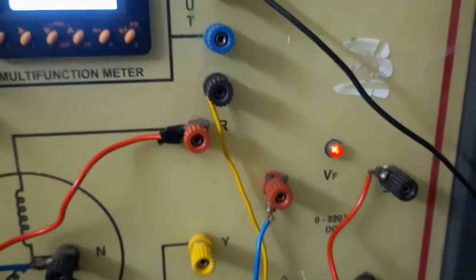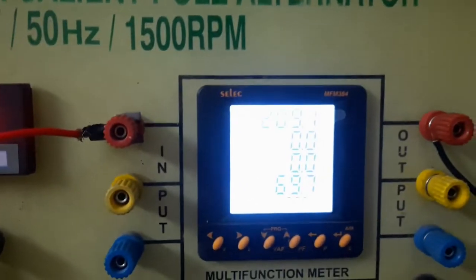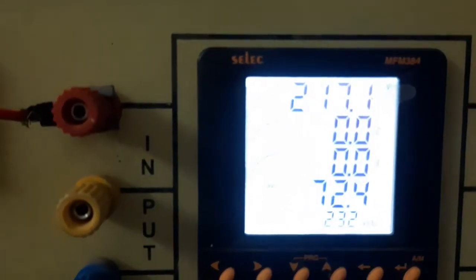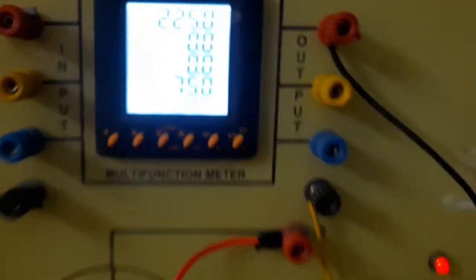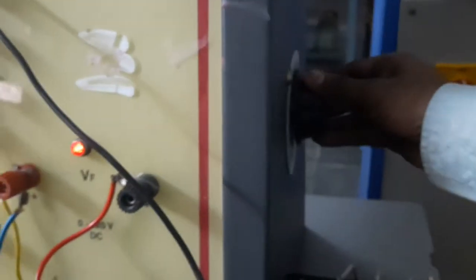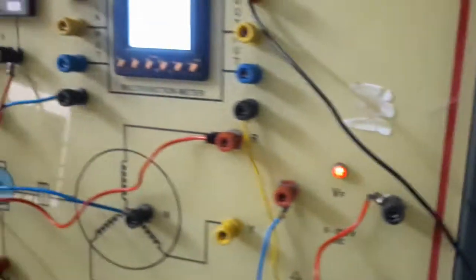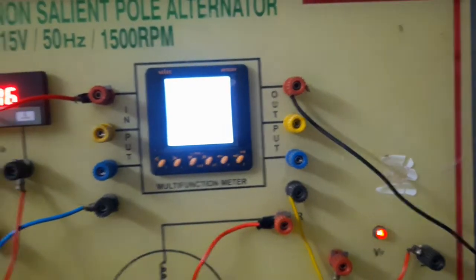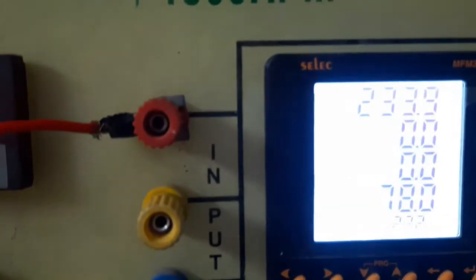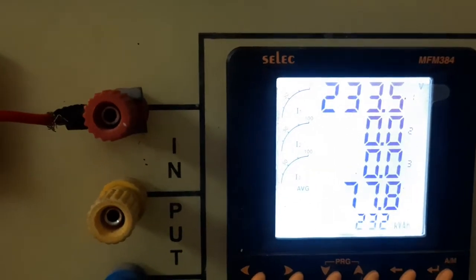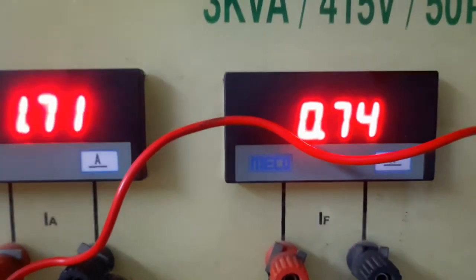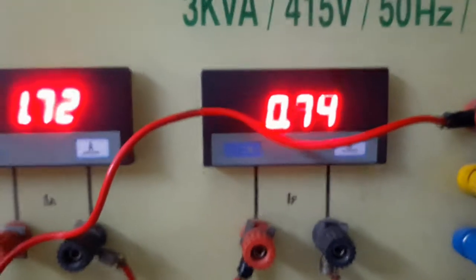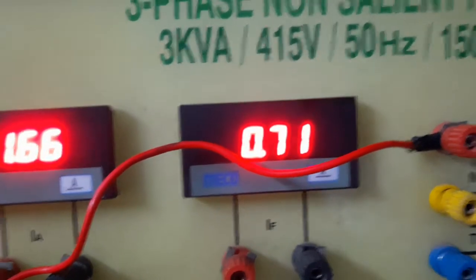This light is on, now the field is on, so I will make it 230 volt. Observe this, we have made it 230 volt. Now the field current is 0.75 ampere.